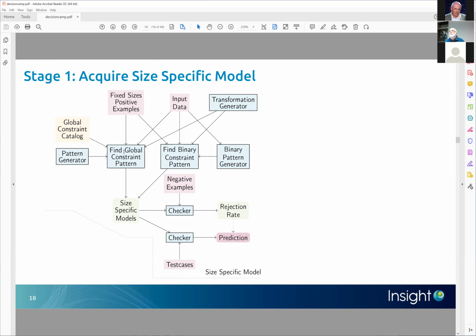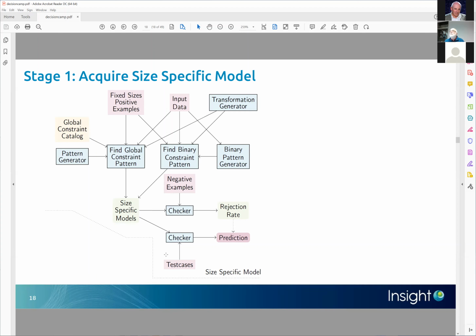From that, we try to find the patterns that are used, and that gives us a size-specific model. We can check that with the negative examples to see how good it is at rejecting them, and we can use it also to predict results applied on the test cases.